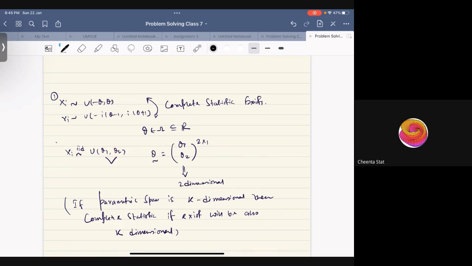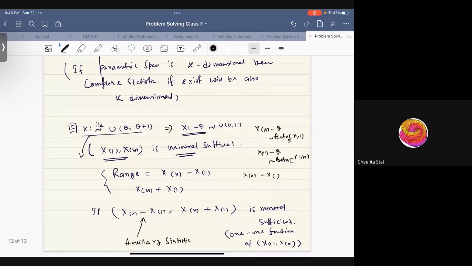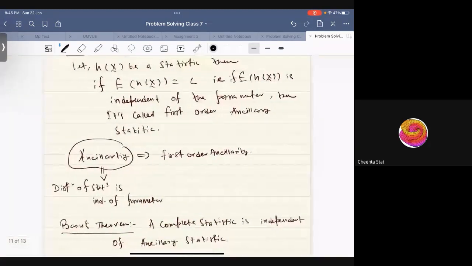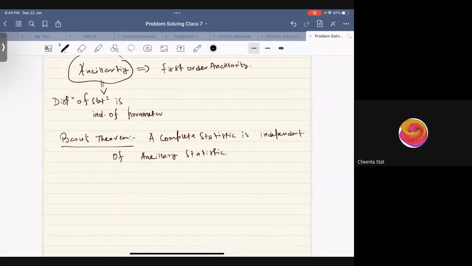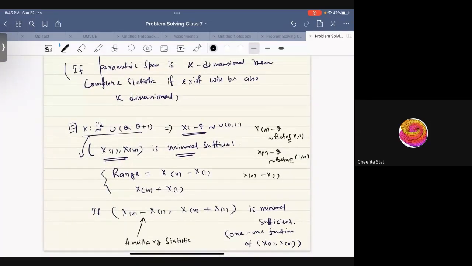First thing is sufficiency, then comes the minimal sufficiency, right? So, my work is done. What I want to say, first order is done, ancillary is done, Basu's theorem is done.